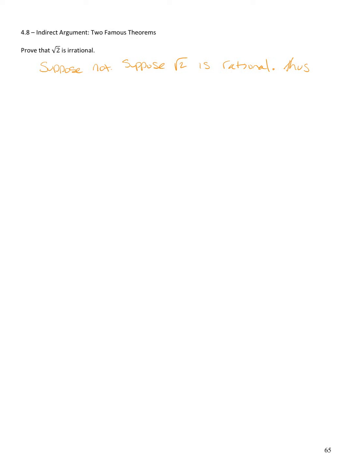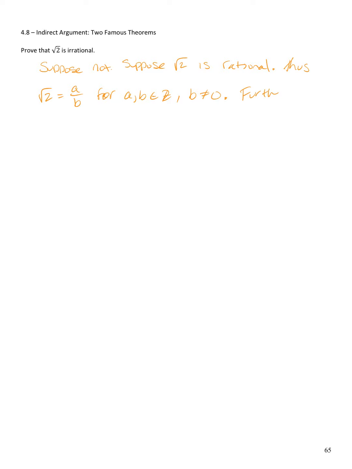Thus, square root 2 can be rewritten as a over b for a and b elements of the integers and b not 0. Okay.